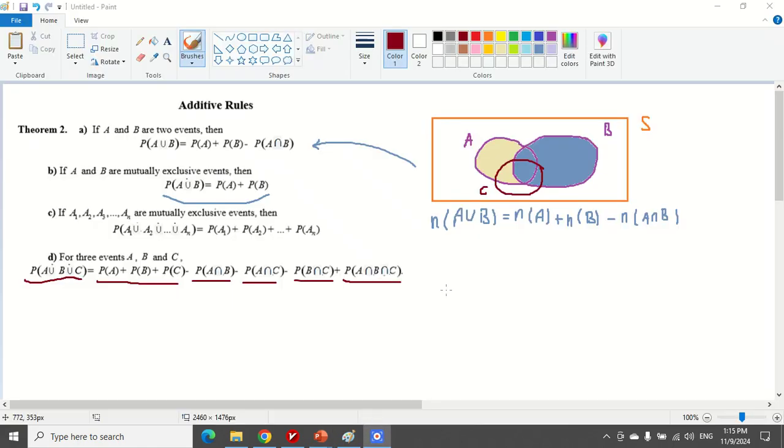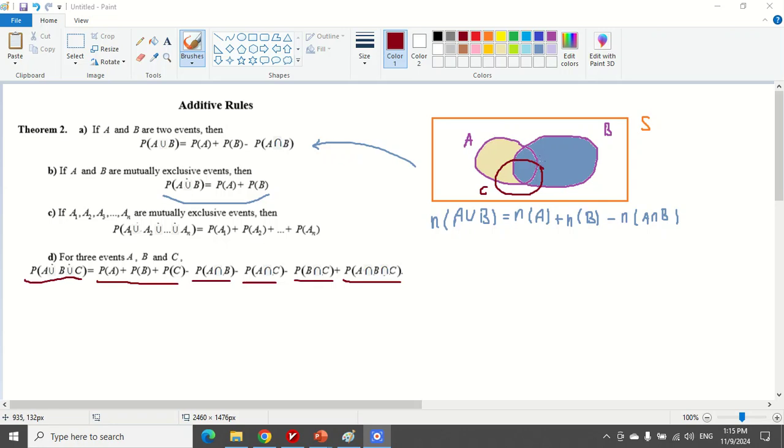As you can see over here, we have the additive rule, and this additive rule is totally based on one concept from set theory. If we have subsets of a sample space S, A, B, and C, there are three subsets over here.